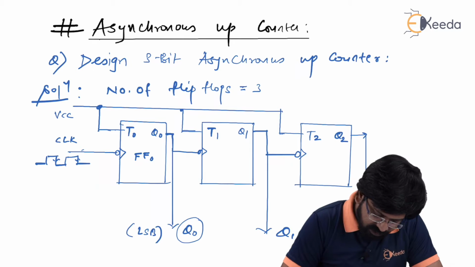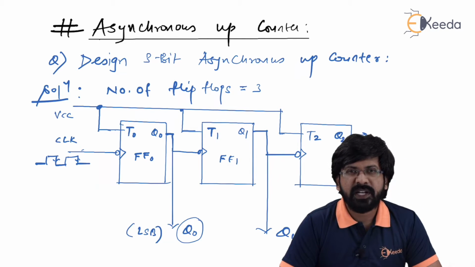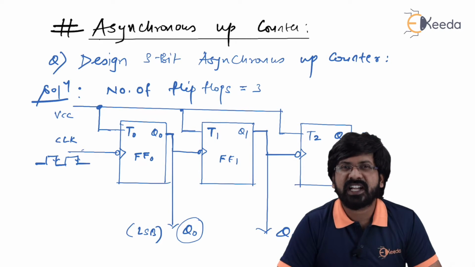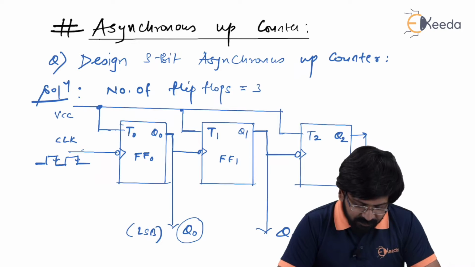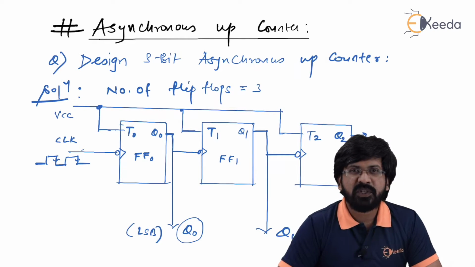Let us study flip-flop number 1. Is flip-flop number 1 operating in toggle mode? The answer is yes, because T1 is also connected to VCC. Therefore, Q1 will also keep on toggling at every clock edge, right? But see carefully, flip-flop number 1's clock is coming from Q0.